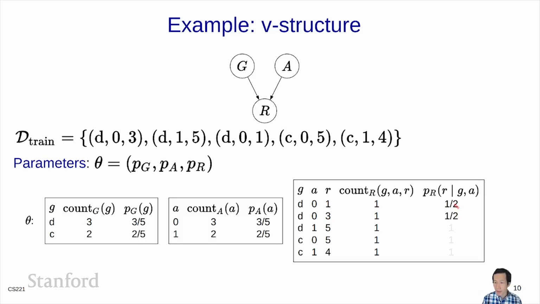If I normalize that, it's going to give me half and half. And now for this setting of G and A, I only have one possibility of R, so that has probability 1, and same for these other ones. So again, everything is count and normalize, where you have to pay attention to what you're normalizing over. You're only normalizing over possible values of R, not G and A.